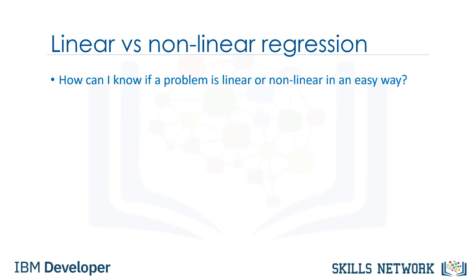Let me answer two important questions here. First, how can I know if a problem is linear or nonlinear in an easy way? To answer this question, we have to do two things. The first is to visually figure out if the relation is linear or nonlinear.